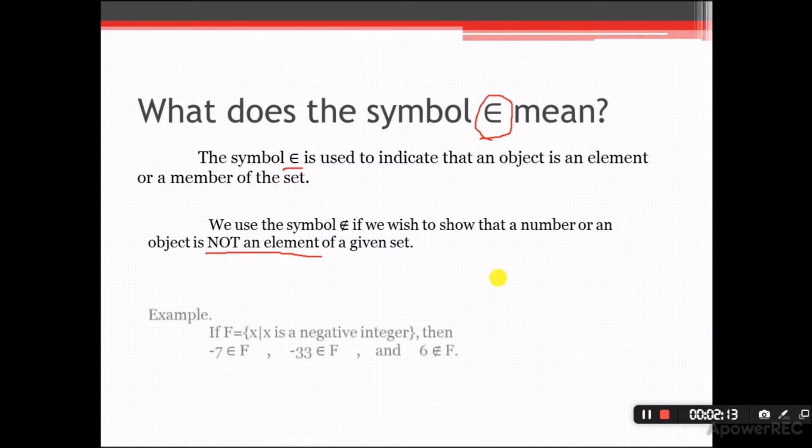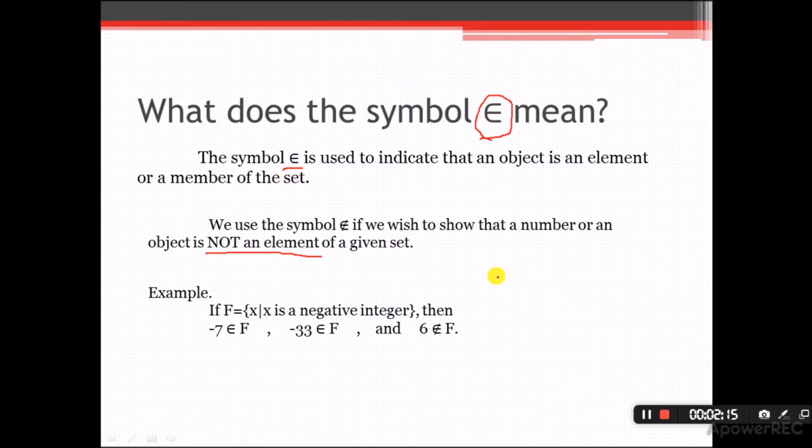We have an example. We have the set F, where its elements are x such that x is a negative integer. Negative integers include from -1 until negative infinity.